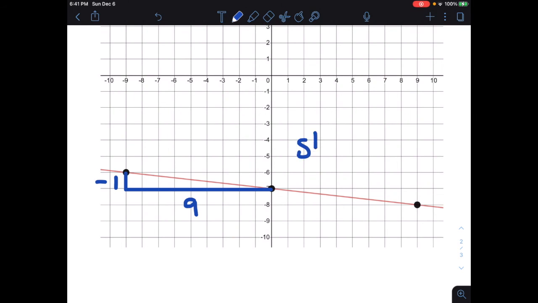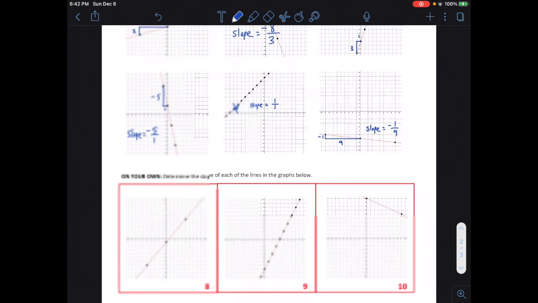So my slope in this case is -1 over 9. And there's a reason for that, because my slope, the rise is either up or down, and up is positive, down is negative. But the run, or the denominator in this case, the 9, is always to the right. So it's always going to be a positive number.